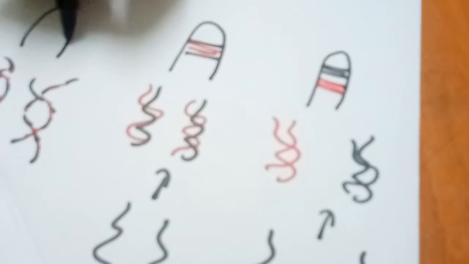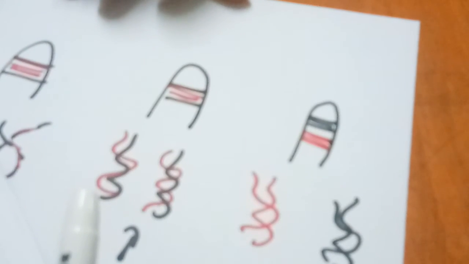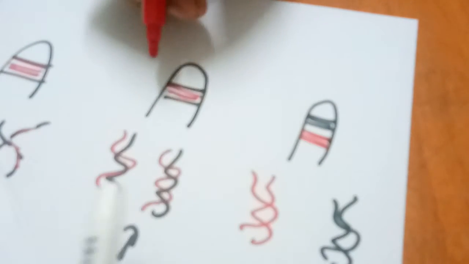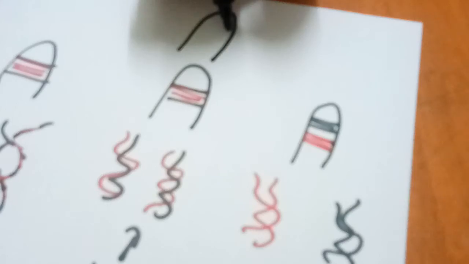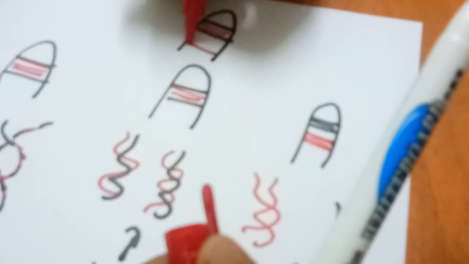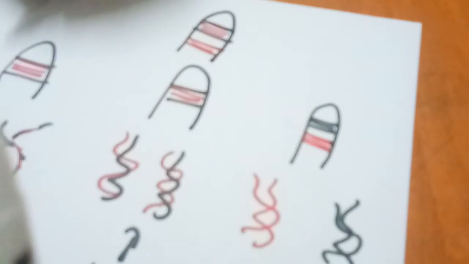For the conservative, they have mixed layers of DNA. For the next generation, for the semi-conservative, they will have mixed and new layers.